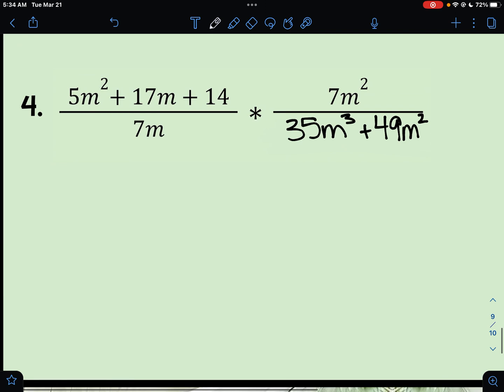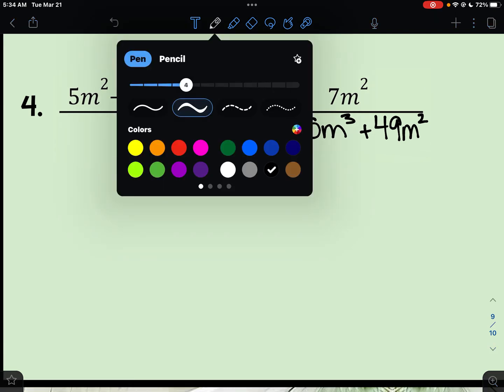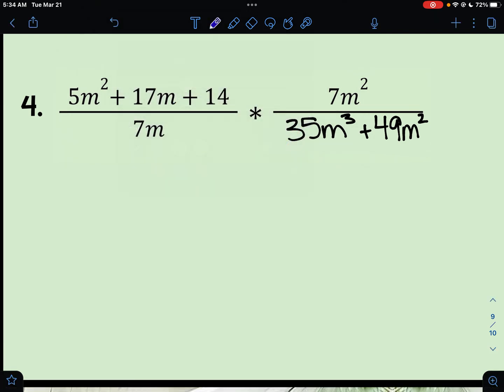Okay. So again, we need to factor this. That should be right on your note guide, that 35m to the third. Okay, so we need to factor.